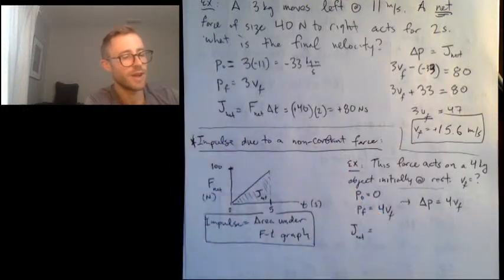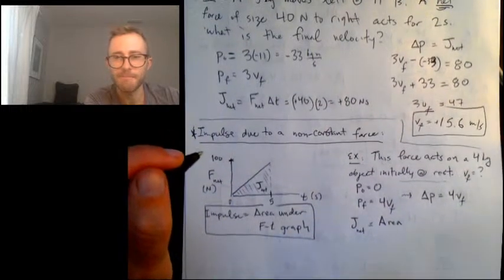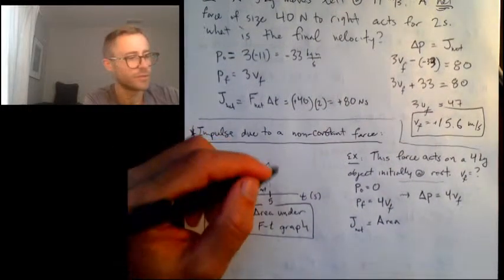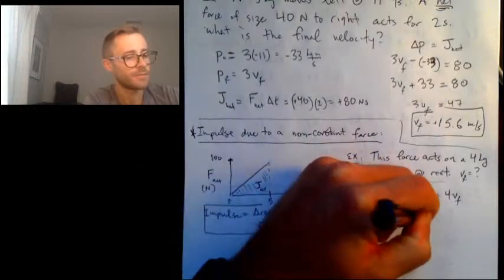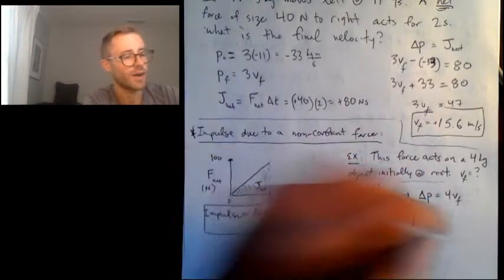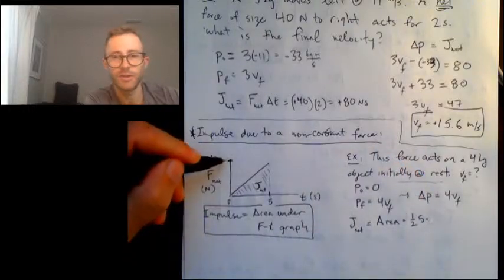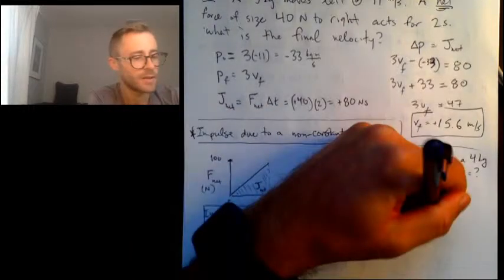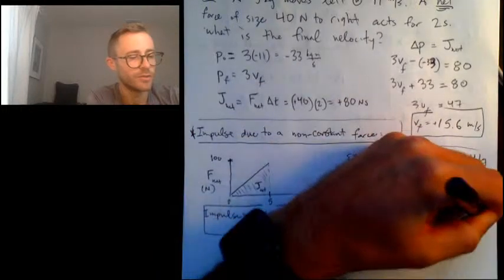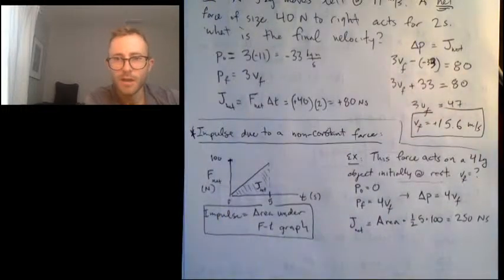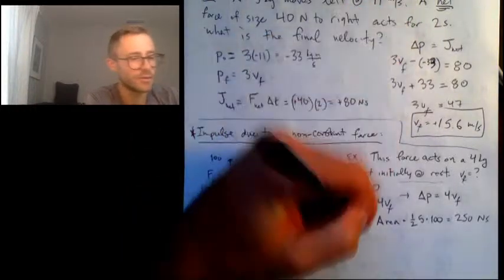So that's going to be the area under the curve. This is a triangular shape, so we have 1/2 times the base, which is 5, times the height, which is 100. So that's equal to 250 newton seconds of impulse. So now we use, again, the same equation: change in momentum is J net.